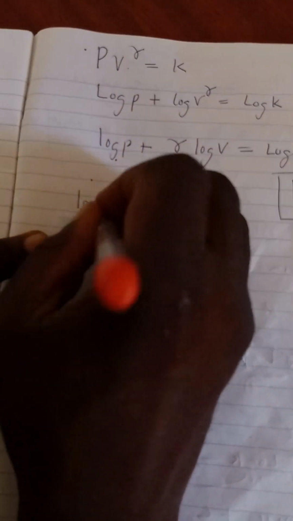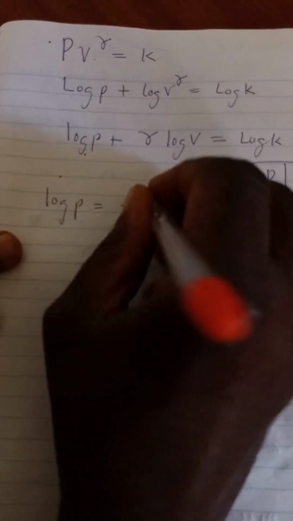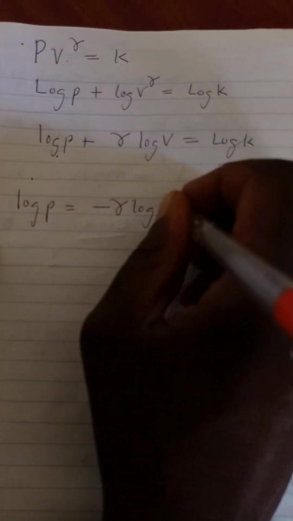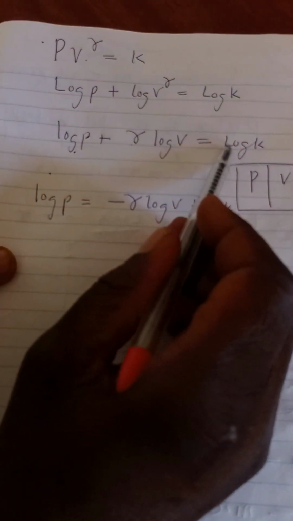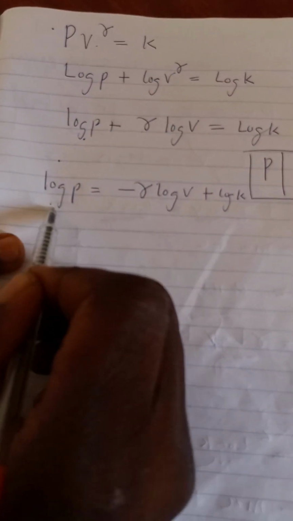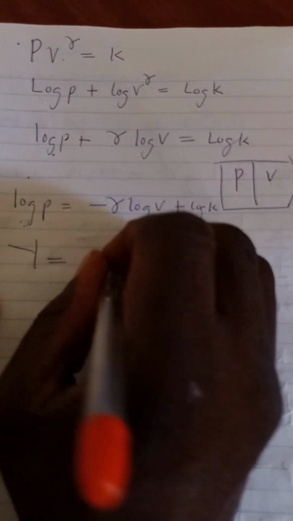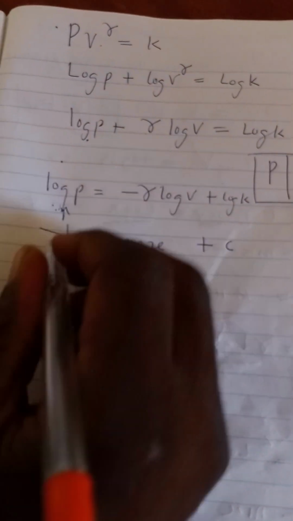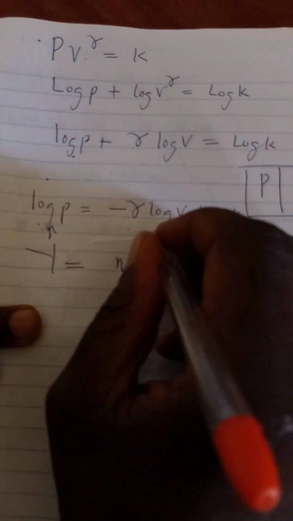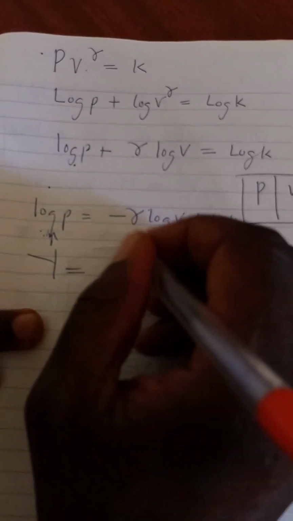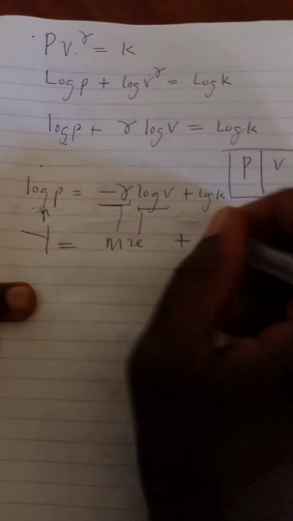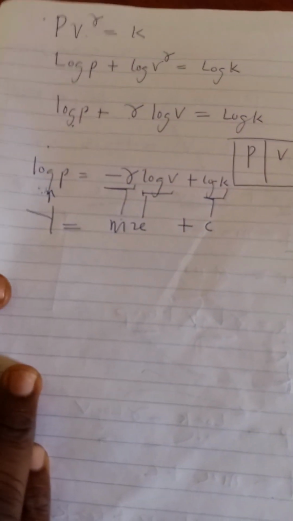Therefore, log P is going to be equal to minus gamma log V plus log k, because I'm taking this one to the other side to leave log P as the subject of the equation, such that it will form y is equal to mx plus c. And here my y stands for log P, my x stands for log V, and my m stands for minus gamma, where log k stands for the intercept.